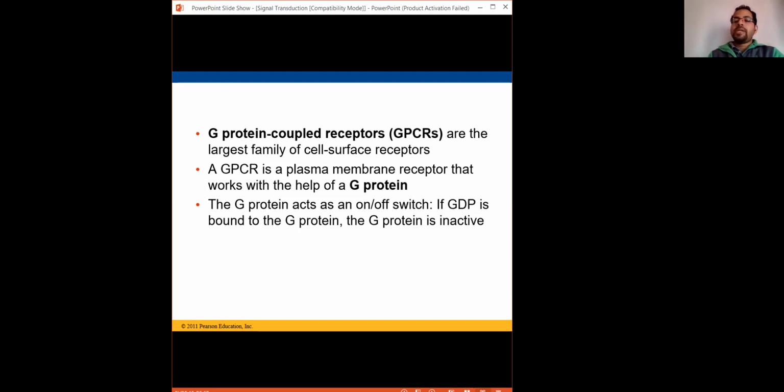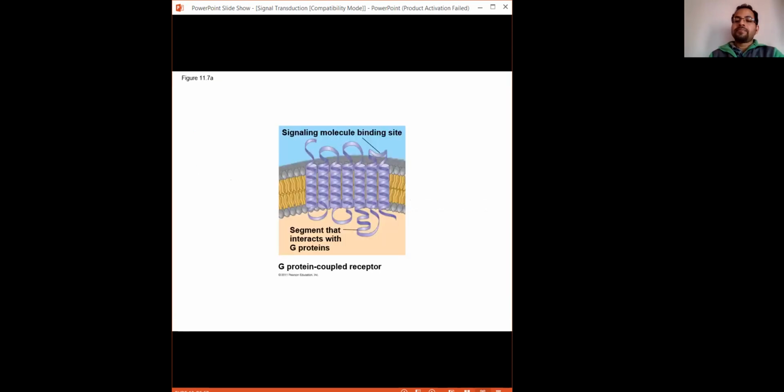In principle, if GDP is bound to that G protein, now you know what ATP, ADP, GTP, and GDP are, so guanosine diphosphate, not triphosphate, is bound to that G protein, the G protein is inactive. This is the principle. When it is GTP bound, then that protein is active.